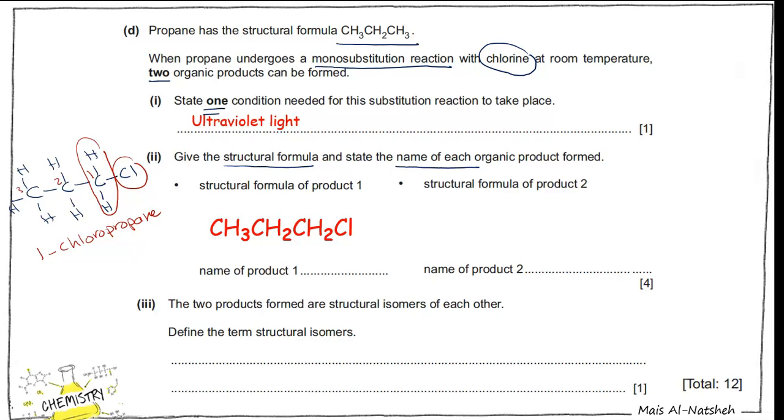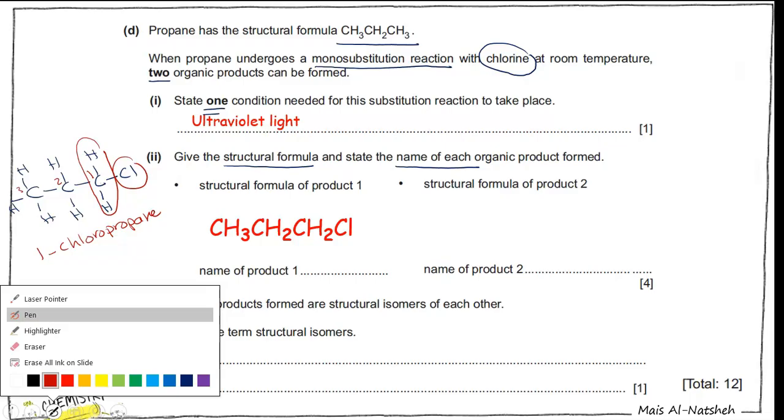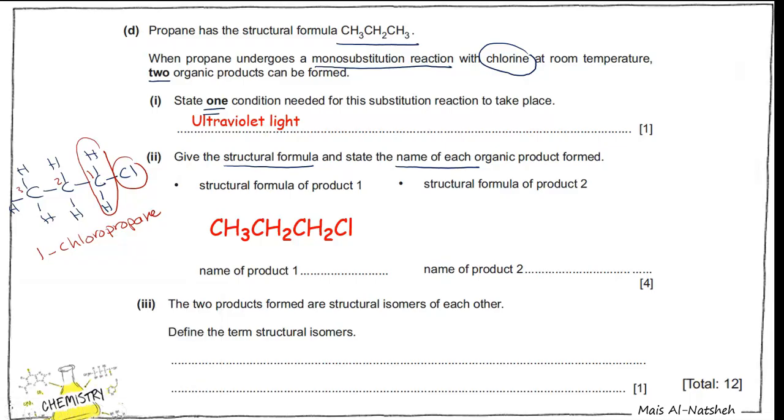The name is 1-chloropropane. The other option that is possible for the organic product is to have the 3 carbons, but the chlorine atom attached to the second carbon. Other bonds are also carbon-hydrogen. So the molecule here is called 2-chloropropane. Why is it 2-chloropropane?